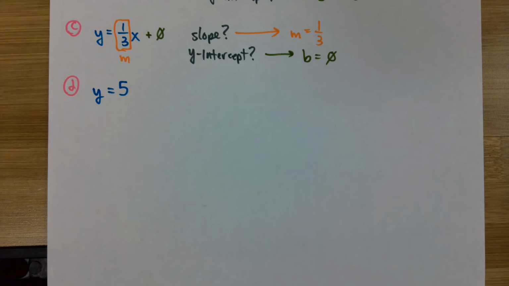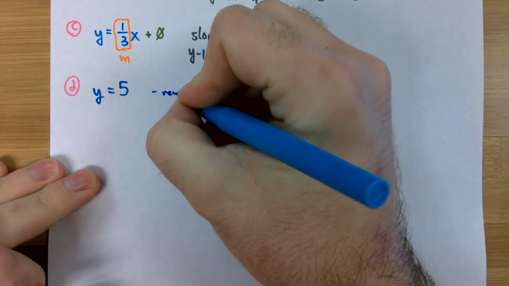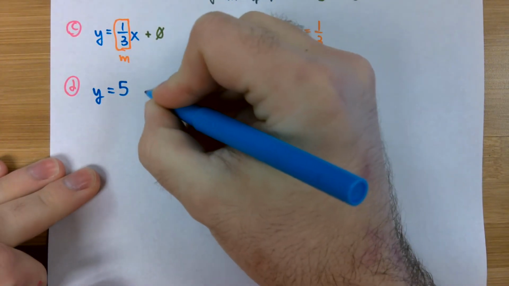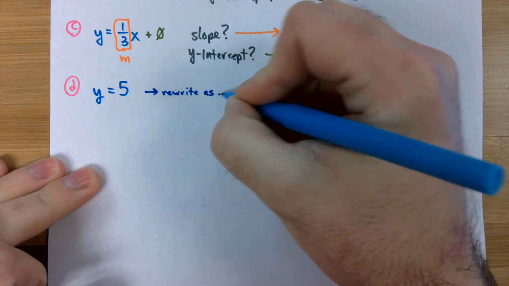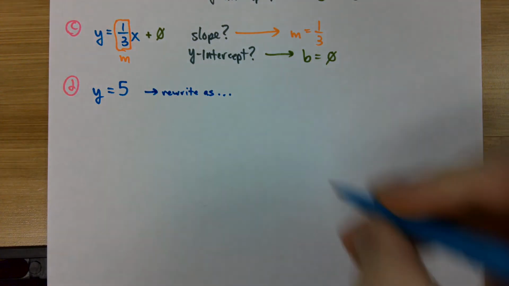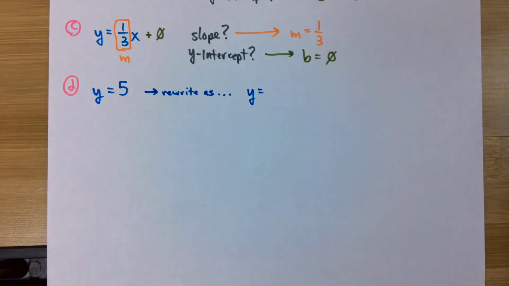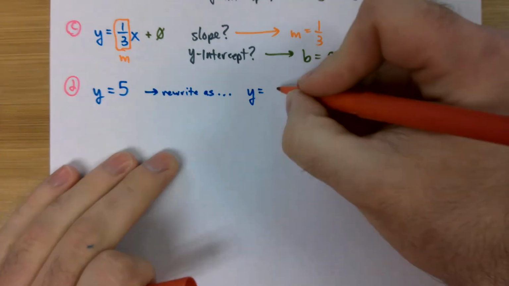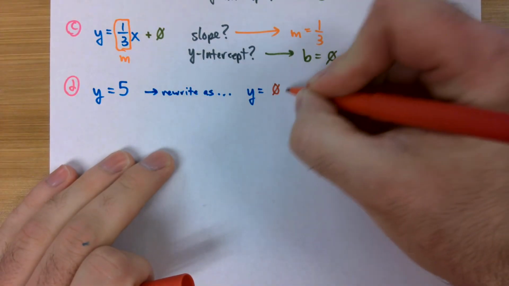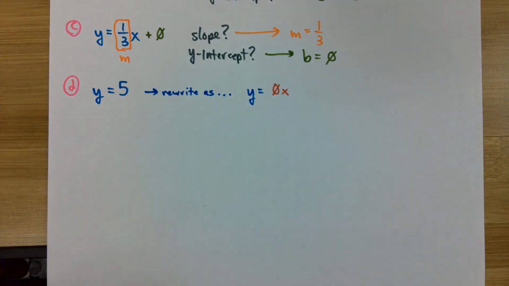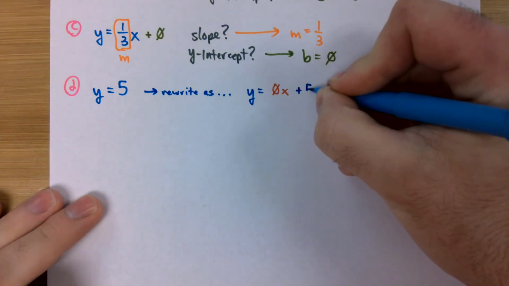Let's go ahead and rewrite this one. Let's rewrite this as y equals mx, where m is 0, plus 5.